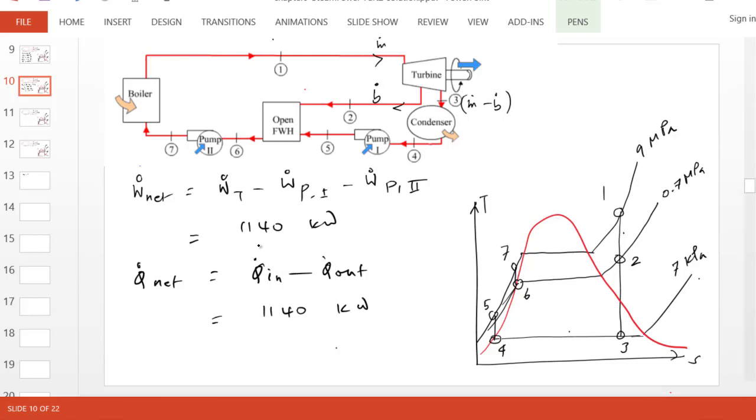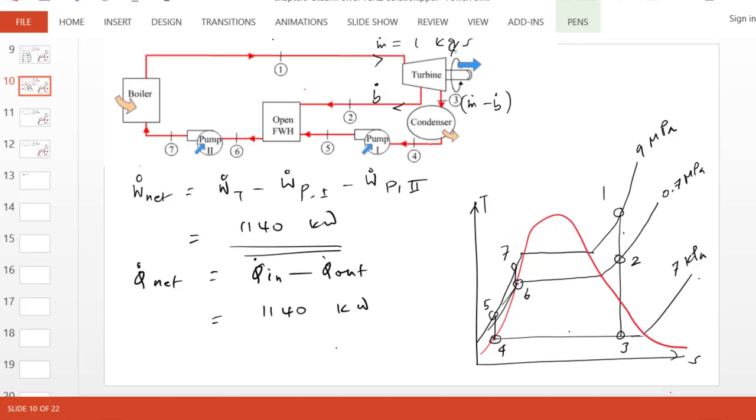Now, this net output is based on 1 kg per second flowing through the system. In this particular problem, they mentioned that the net power output is 100 megawatt.